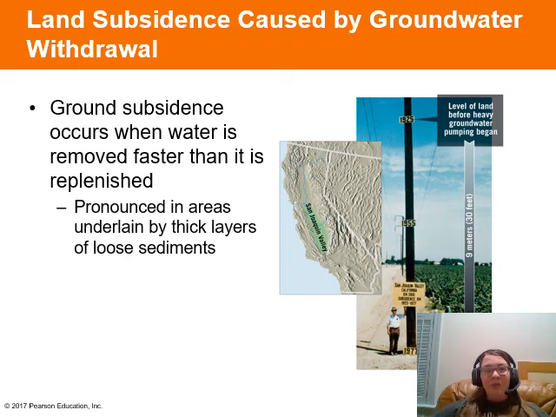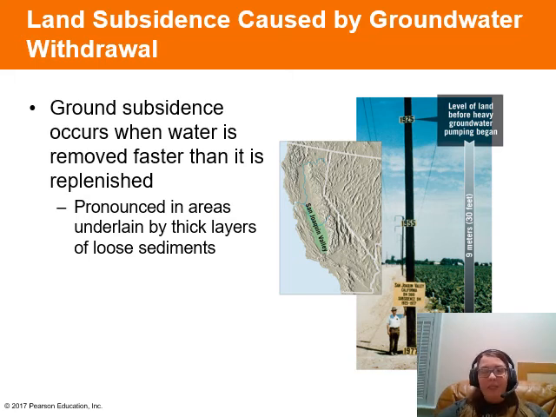Once we remove the water, that means that the rock is full of air, and the weight of the rock above it is going to start compressing down, causing the surface to look like it's sinking. And this is going to be a big issue in areas where we just have a bunch of thick layers of loose sediment, especially out in California.